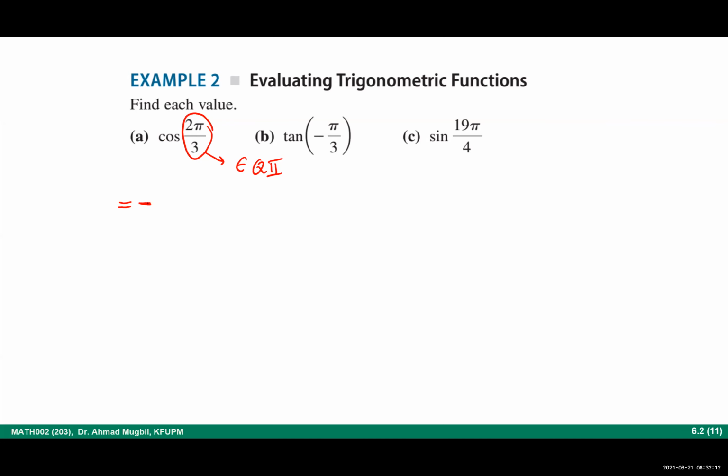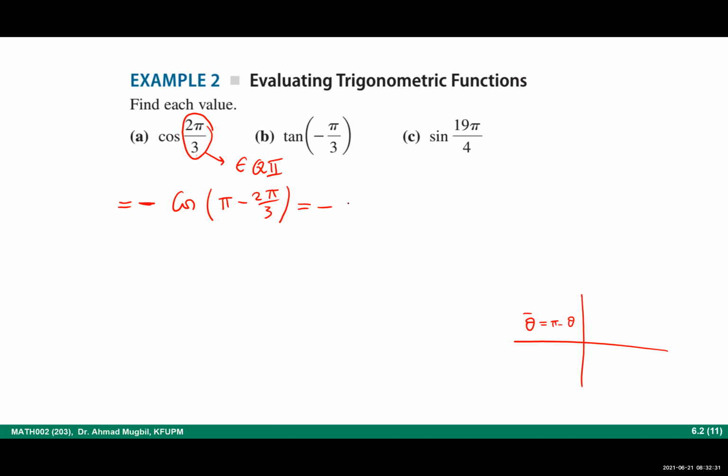Cosine in the second quadrant is negative. How to find the reference angle in the second quadrant? We will just subtract this angle from pi. The reference angle in the second quadrant is pi minus theta.